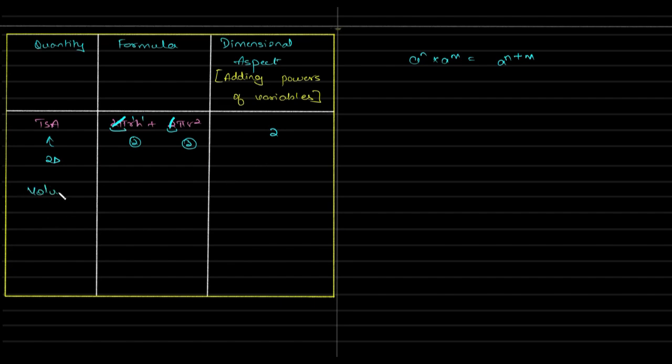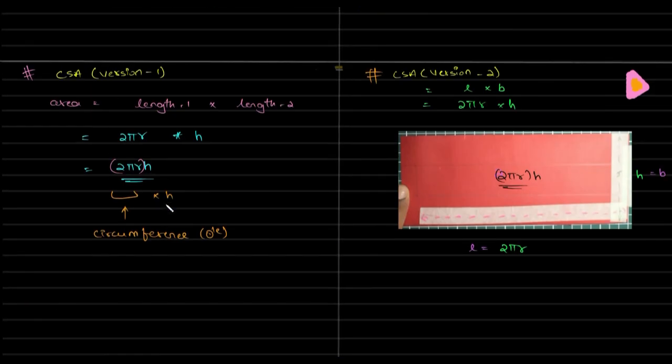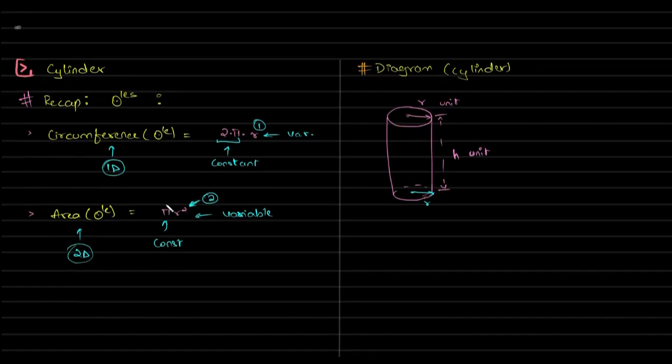While the volume, which is given by the area of a circle into the third dimension, that is h to the power of 1, has a power of 3 over here, and this does match with the fact that volumes are 3 dimensional. Can you see this? So this is how you should learn a formula. It will help. There are different ways that we are looking at, different things that we are looking at.